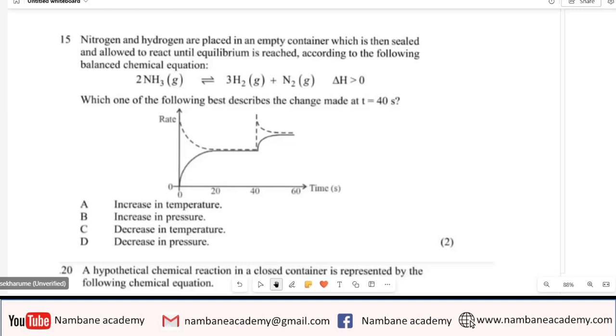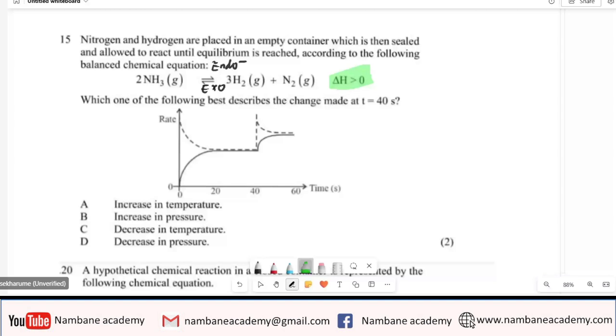The first one, which is A, the increase in temperature. We look at our delta H, which is greater than 0, so the forward reaction will be endothermic and the reverse will be exothermic.